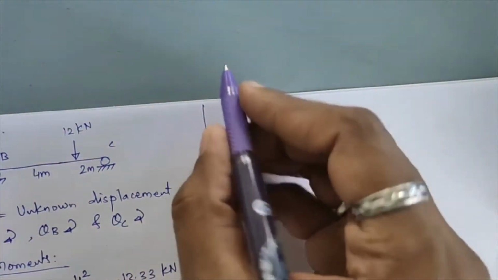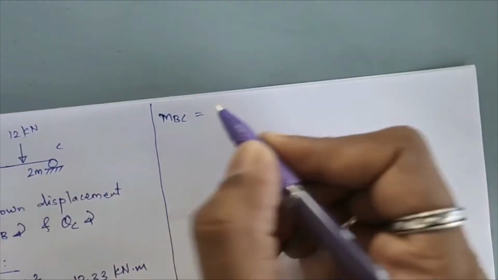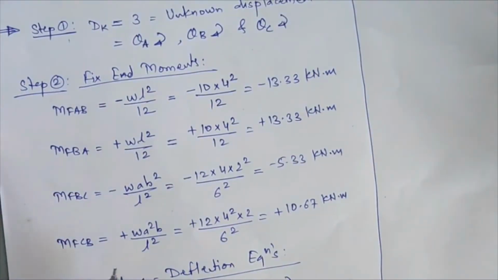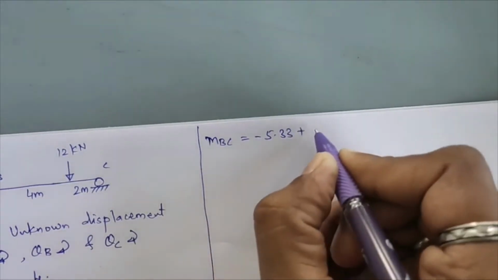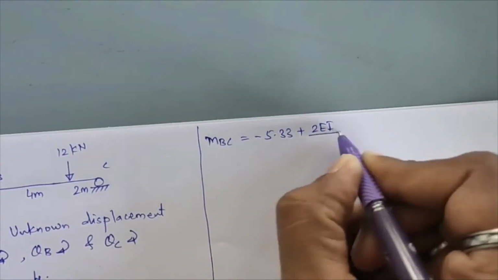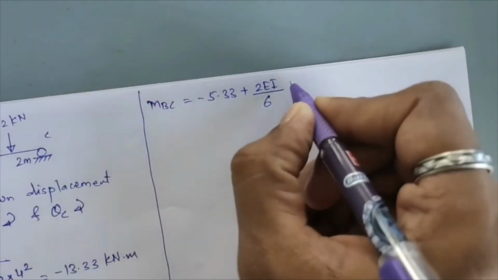Next we'll see the slope deflection equation for the next span member, that is MBC. Okay. So MBC is equal to MFBC, that we have calculated here. MFBC is minus 5.33, plus 2EI upon L. L of member BC, that is 4 plus 2 equal to 6, into bracket.